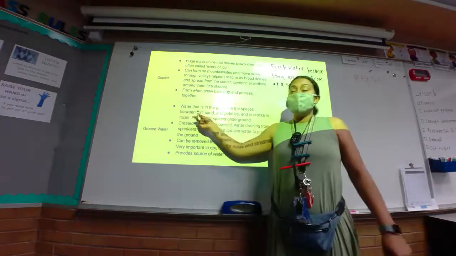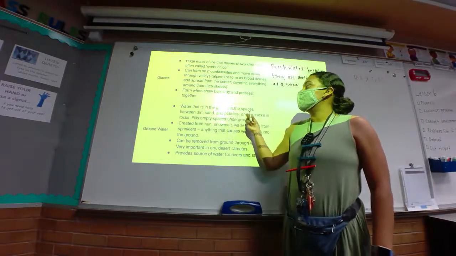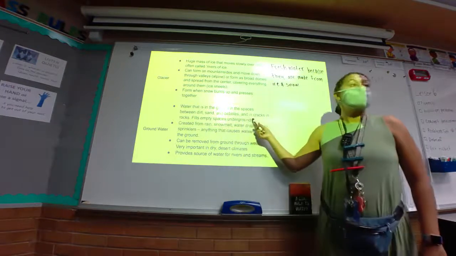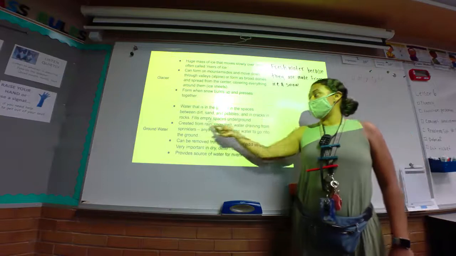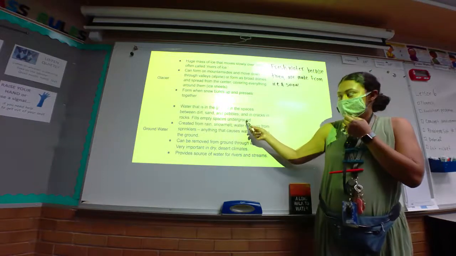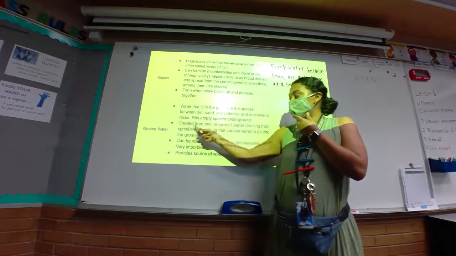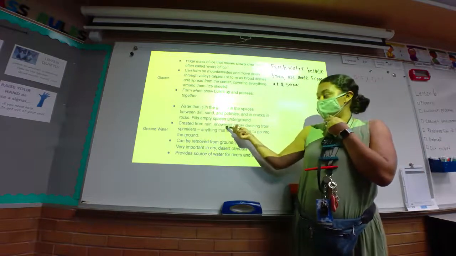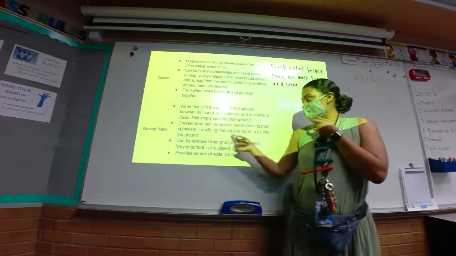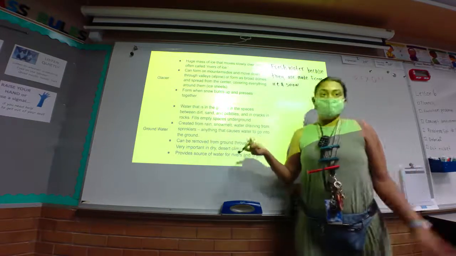Okay, groundwater is water that is in the ground, in the spaces between dirt, sand, and pebbles, and in cracks in rocks. This fills empty spaces underground. It is created from rain or snow melt, the water draining from sprinklers, anything that causes water to go into the ground.